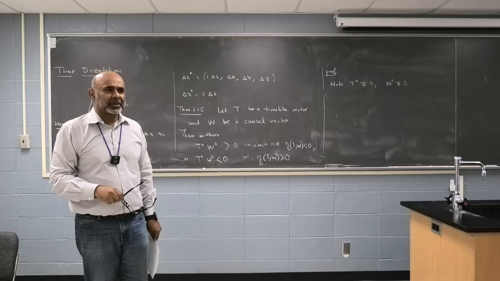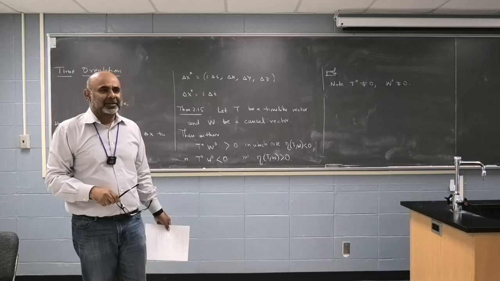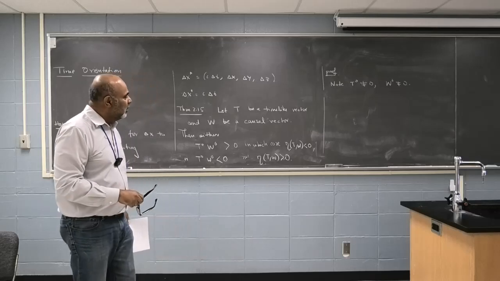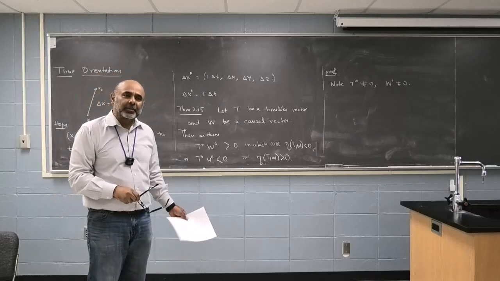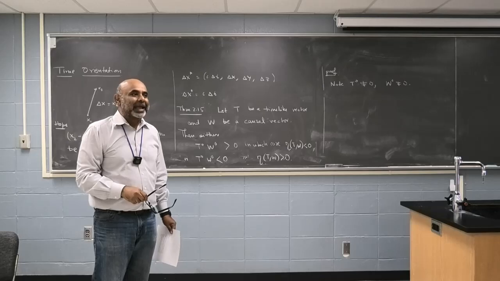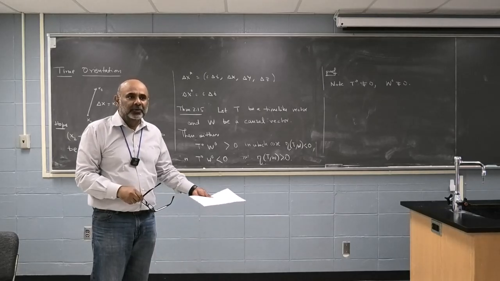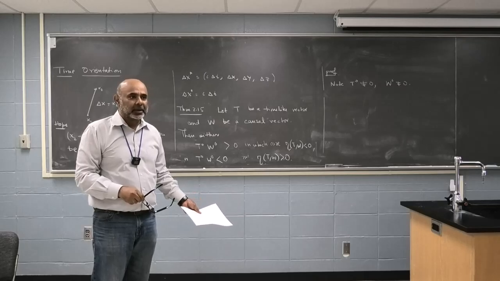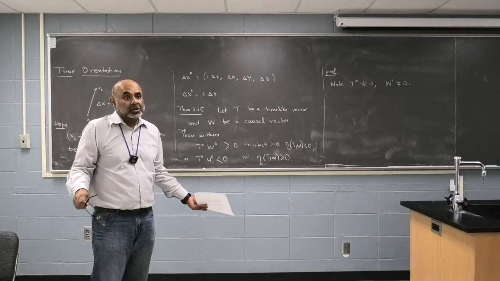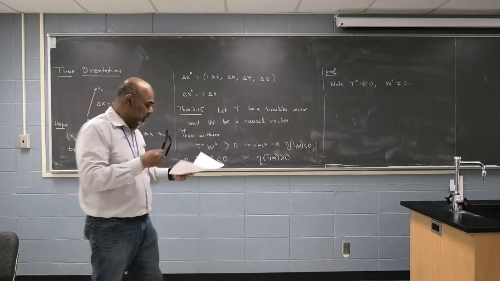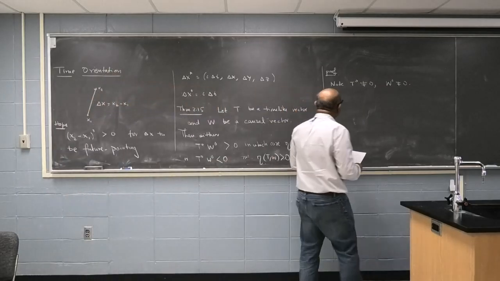Well, because T0 and W0 cannot be greater than 0 if they're both equal to 0, or if either of them is equal to 0. Can a time-like vector have a zero time component? No. Can a light-like vector have a zero time component? No, light has to move in time. A spatial point can have a zero time component.